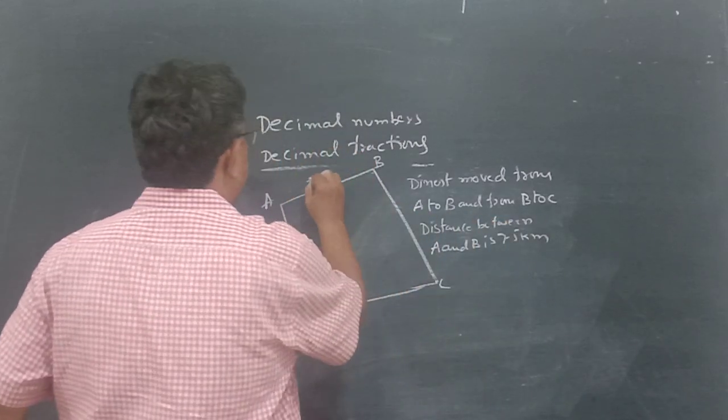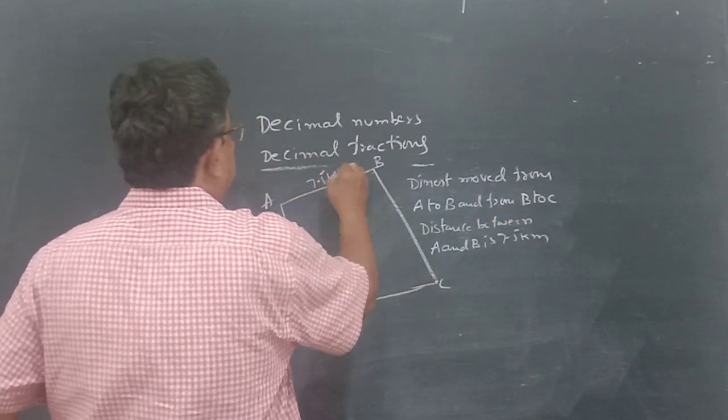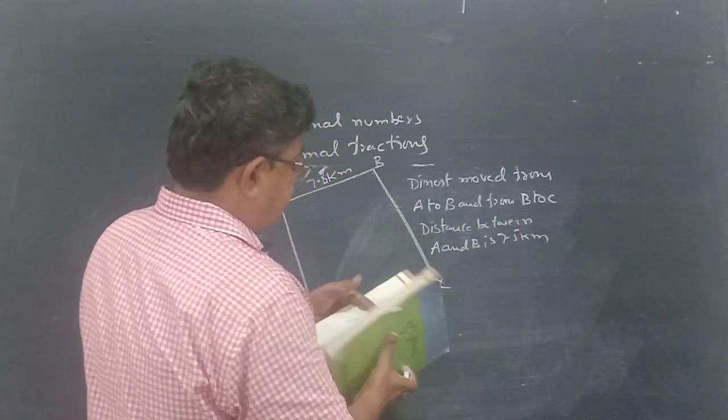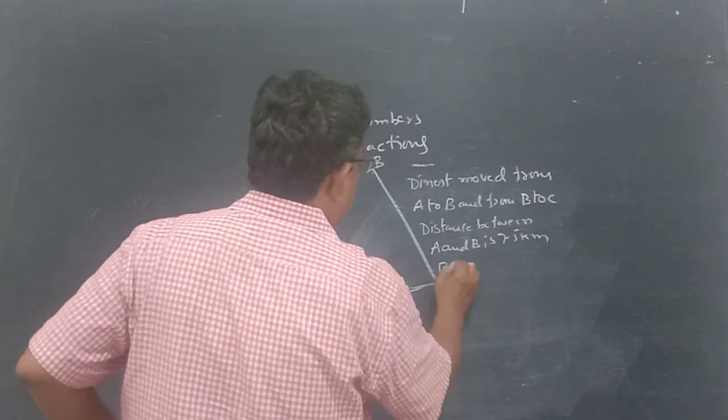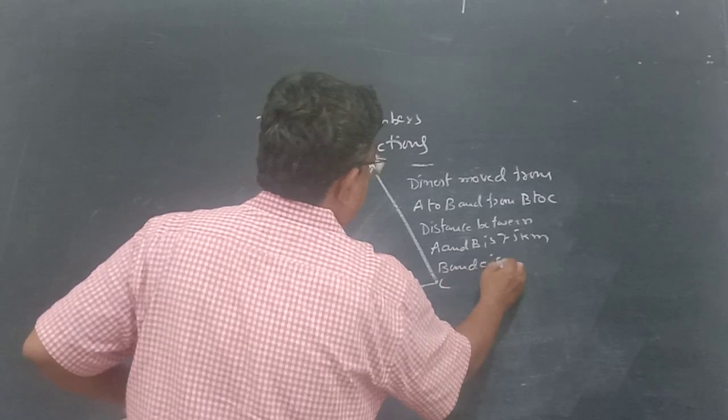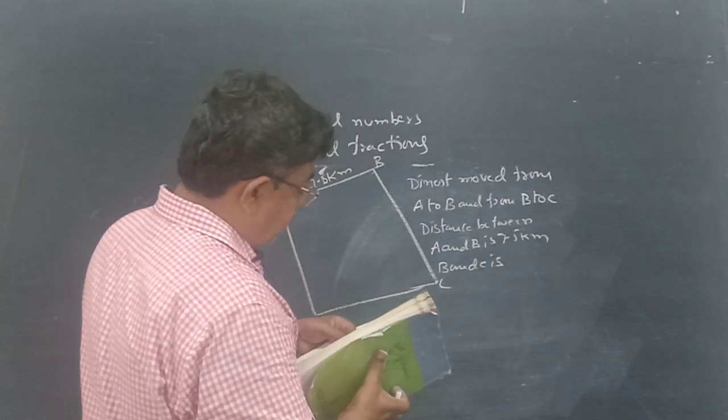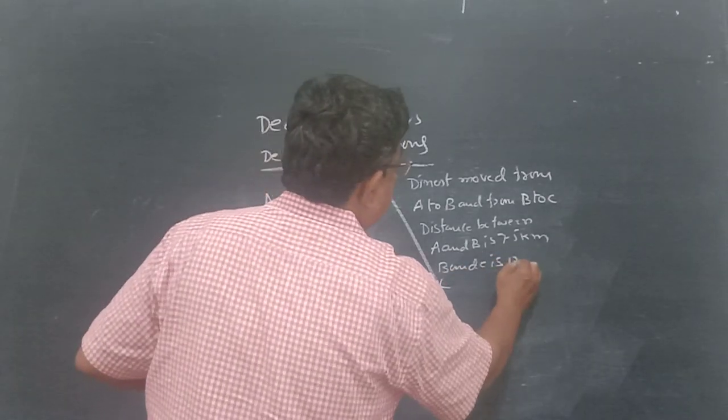So this is 7.5 kilometers. Next, from B to C is 12.7 kilometers.